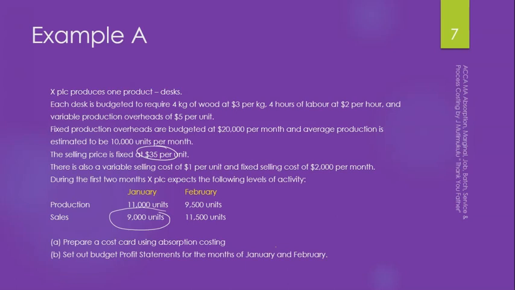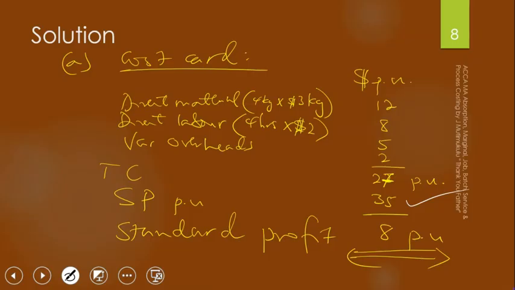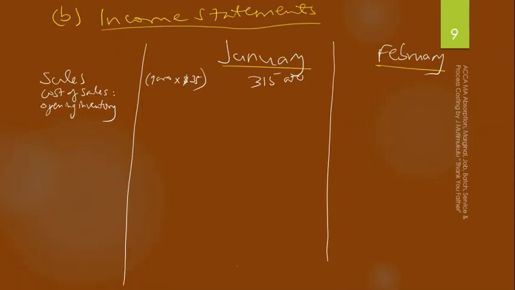If it is not there, then we do not have opening inventory. So the opening inventory in January is 0. There is a 0 value there. So we proceed to the next part. It is actually safer to underline this so that we don't confuse this figure with our workings.